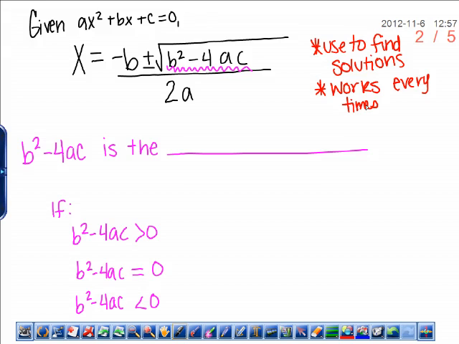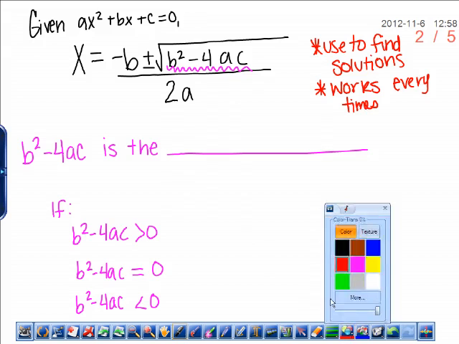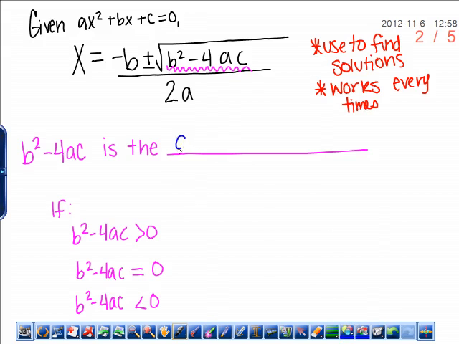All right. That part that I underlined in pink, okay? That part right there, that b squared minus 4ac, that is called the discriminant. The part that you take the square root of is your discriminant.